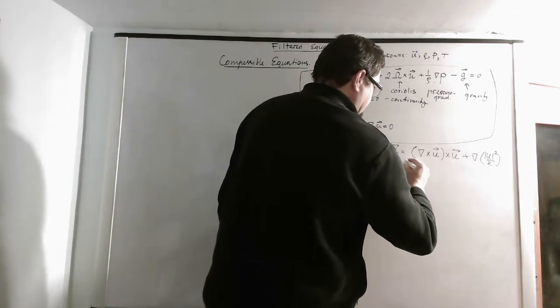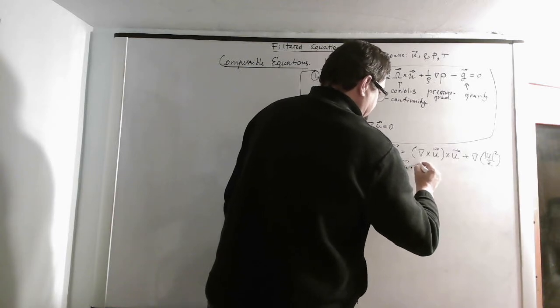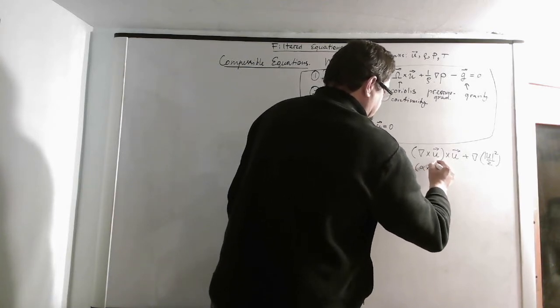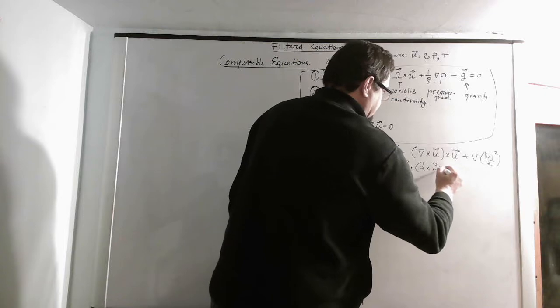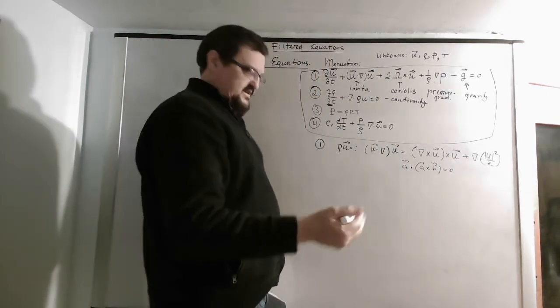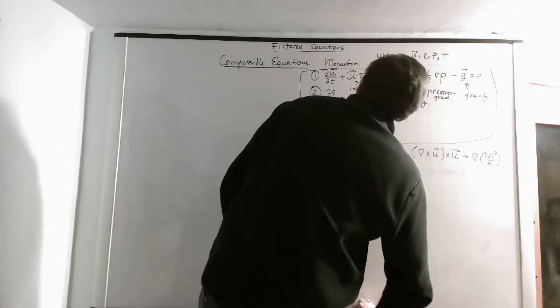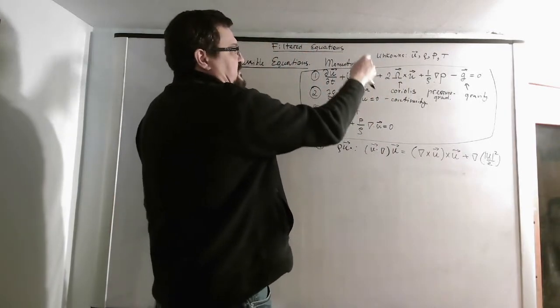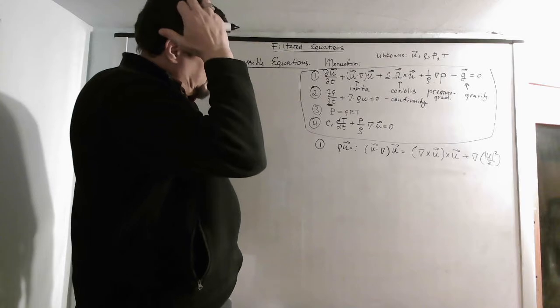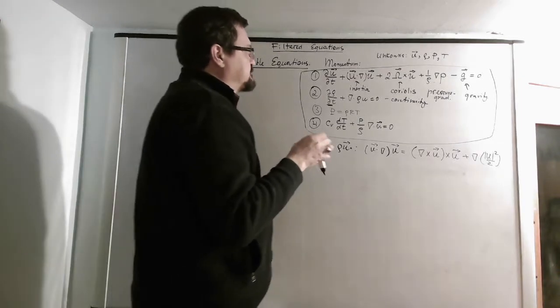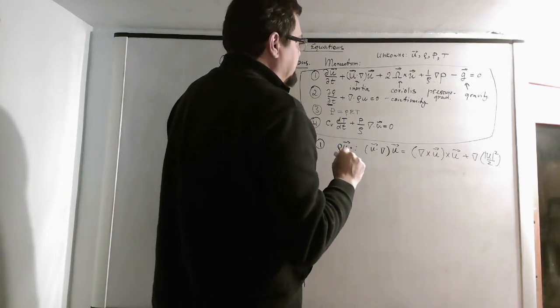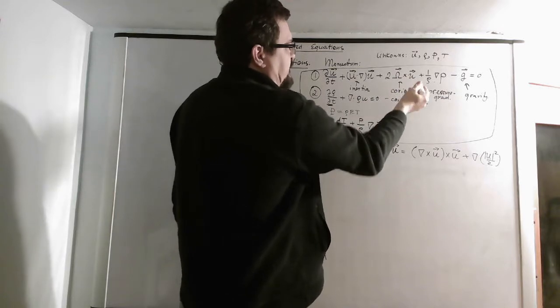Because a dotted with a cross b equals 0. That's just basic math. So you get rid of this term, so it is not participating in your equation. Now another thing that you use, and of course the Coriolis term will also disappear.